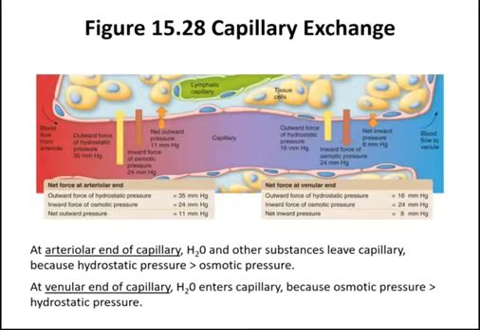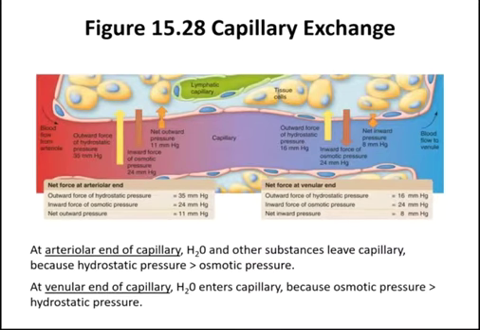On the side closer towards the arteriole, the balance is in the favor of the hydrostatic pressure. Matter of fact, like here in this picture, it's 11 millimeters of mercury outward pressure. So we have a net force of 11 millimeters of mercury to push fluid out of the capillary, carrying nutrients and oxygen and such.